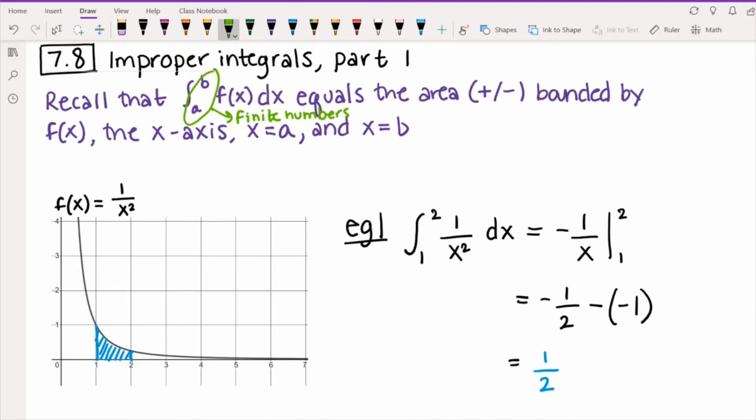And so what we'll see in this video is that you can actually take an integral where one of your bounds is infinity, or even where both of them are positive and negative infinity. But we basically need some new tools in order to take those types of limits, because FTC only works when a and b are actually finite numbers.